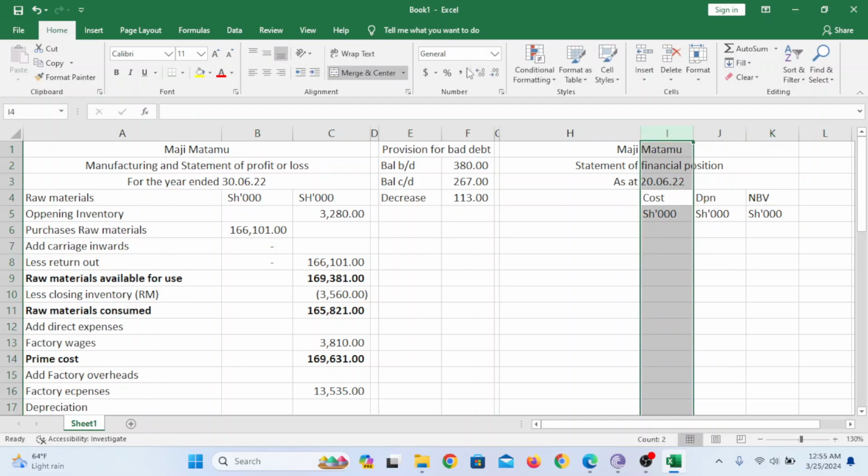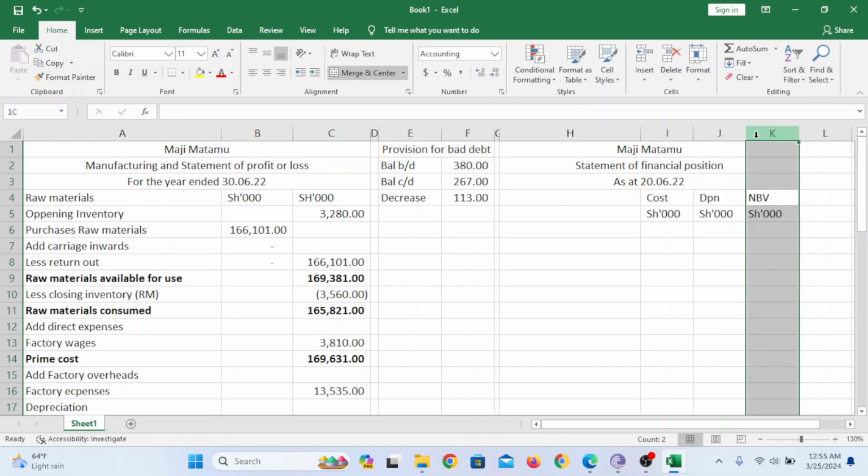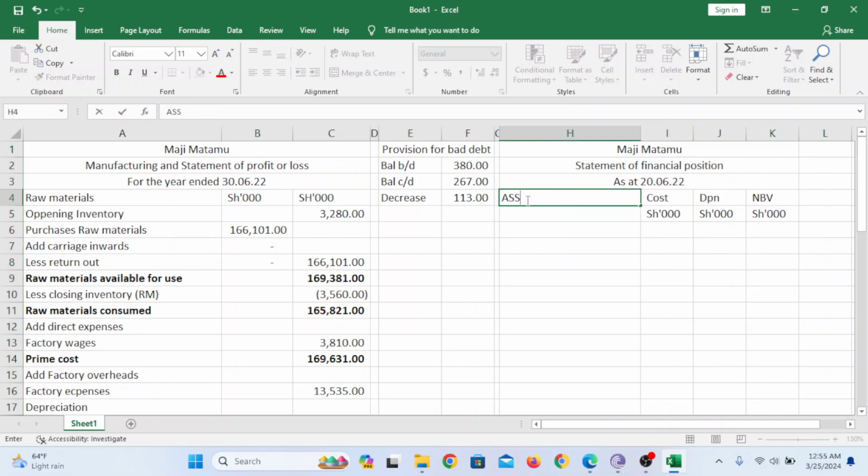So we can put columns in thousand, in currency form, accounting. So we start with assets. The first assets we start with are the non-current assets.